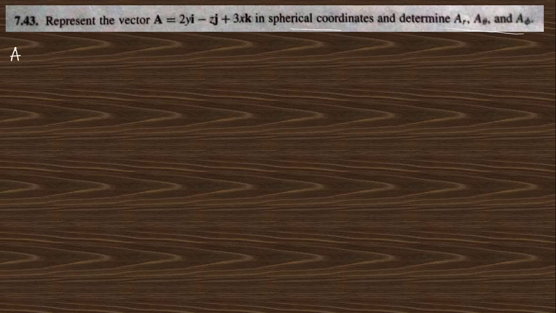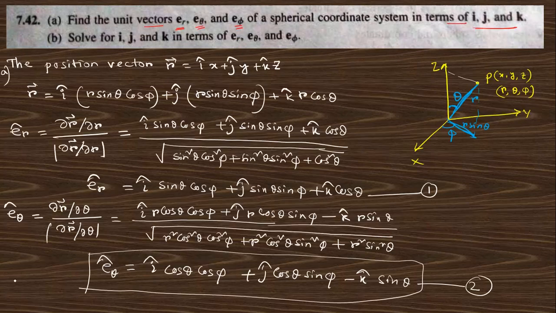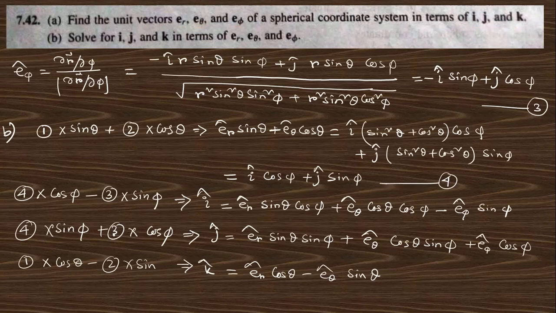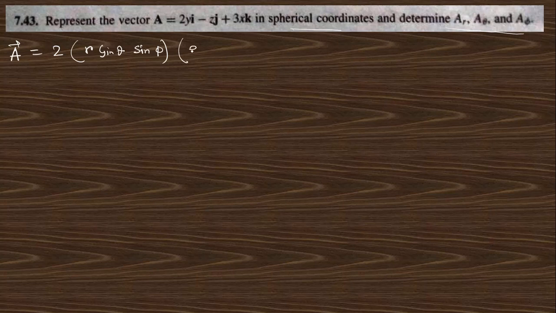So the vector is nothing but 2y. y is known as r sin theta sin phi. This is the value of y. And the value of I cap we already obtained in the previous one. Just put this value here: E r cap sin theta cos phi plus E theta cap cos theta cos phi minus E phi cap sin phi, right?